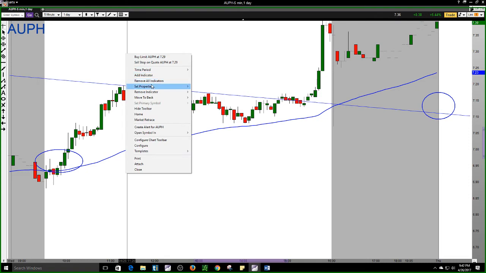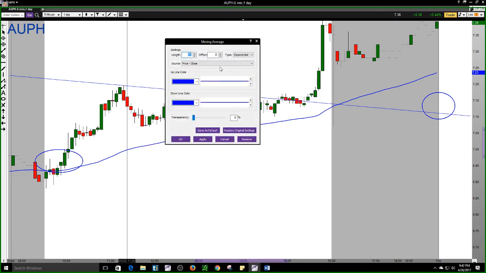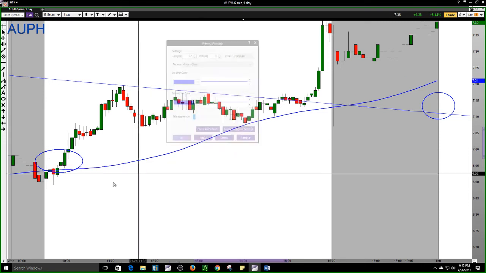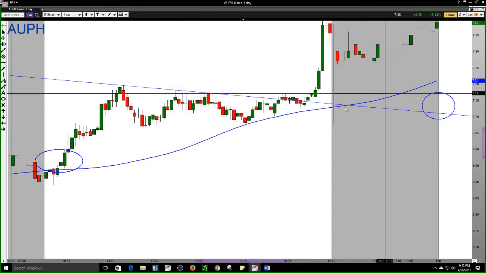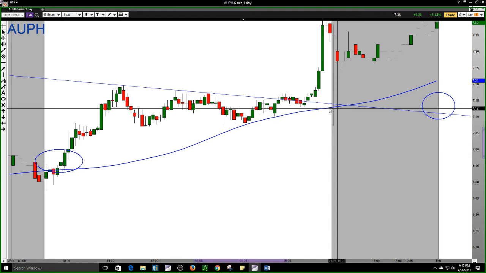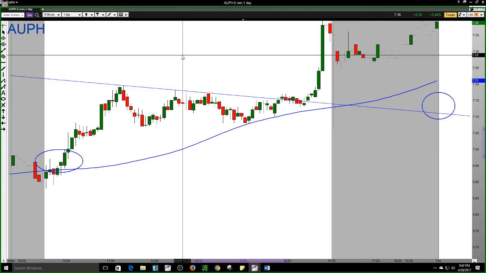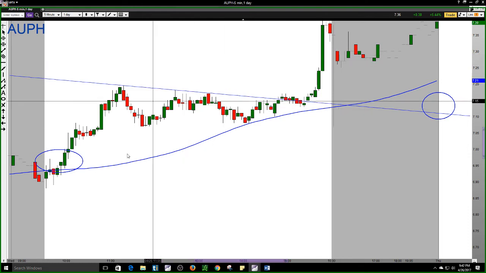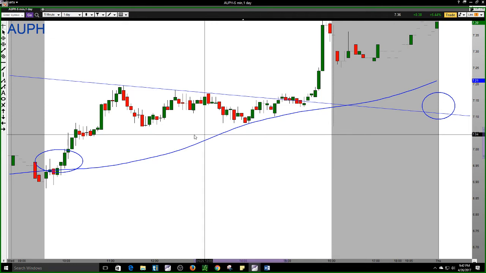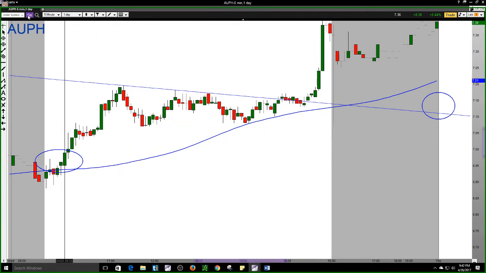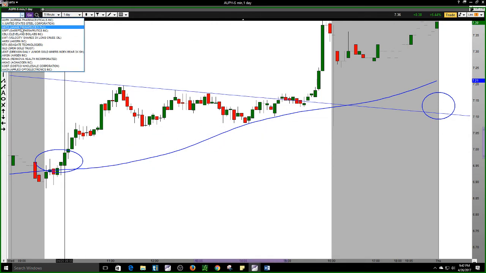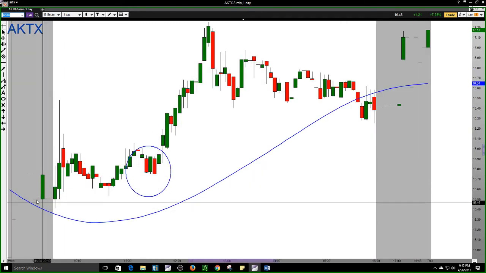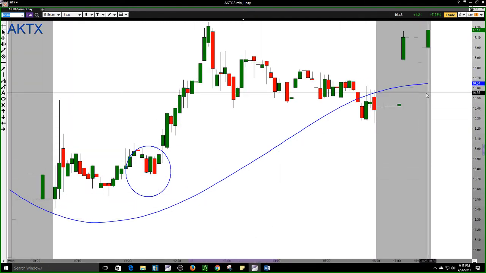I also like to mess around with different moving averages, so let's change it to a triangular moving average. What I like about the triangular moving average, if you guys have never used it or never seen it used, it's so smooth. It's super super smooth, and it's a beautiful type of curl.